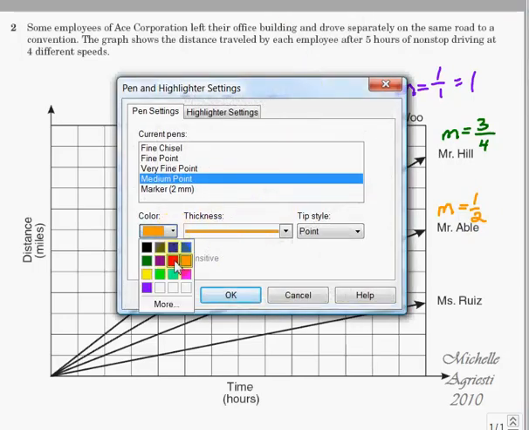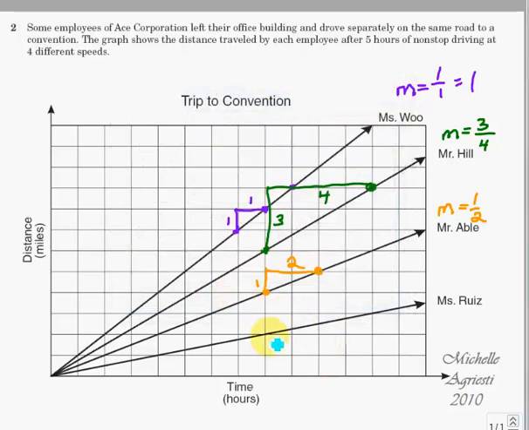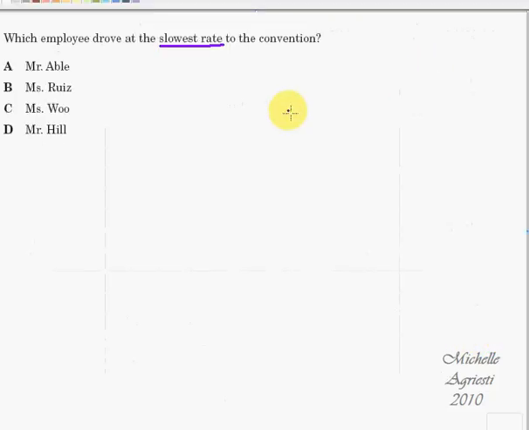And now Miss Ruiz, I'm not sure how you pronounce that. Here's a good spot. Here's a good spot. So my rise is 1 and my run is 4. Now looking back at the question, which employee drove at the slowest rate to the convention?